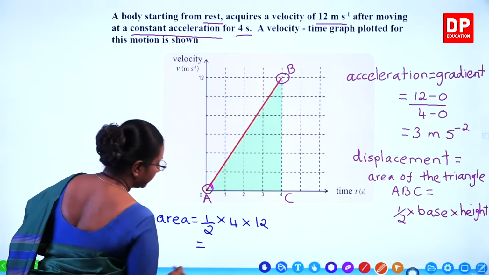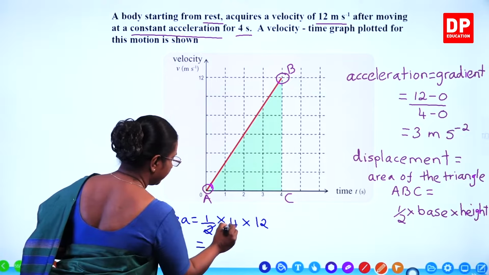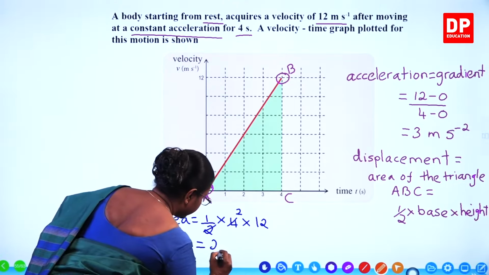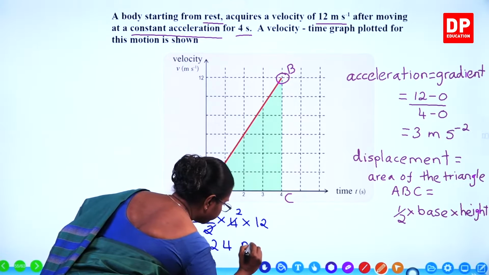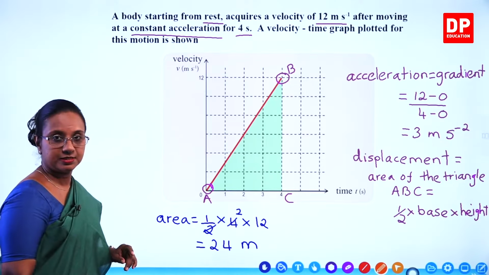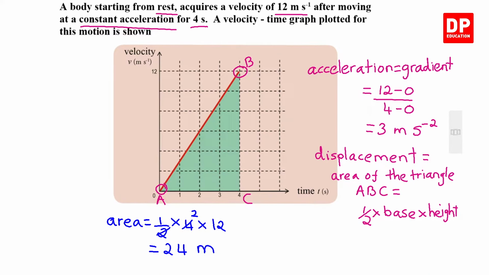So we will get the value when you simplify as 24 meters. So from this graph we have calculated the acceleration and the displacement. So this 24 meters is equal to the displacement of the object.